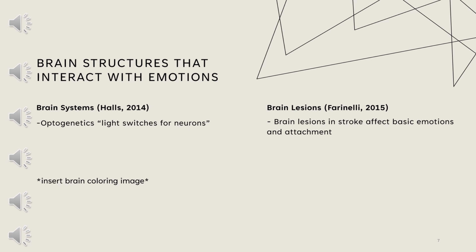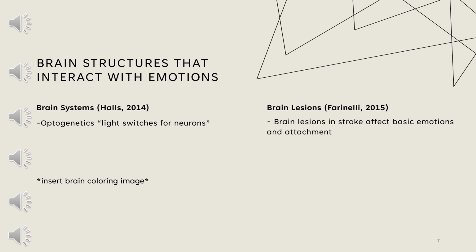This study was actually some of the first empirical evidence that basic emotions like seeking, sadness, fear, and anger are affected by strokes and lesions in the brain generally. When there is damage to the subcortical and medial regions of the brain, emotional changes will occur. They concluded that emotions differ significantly when the brain areas are lesioned versus when they are intact.